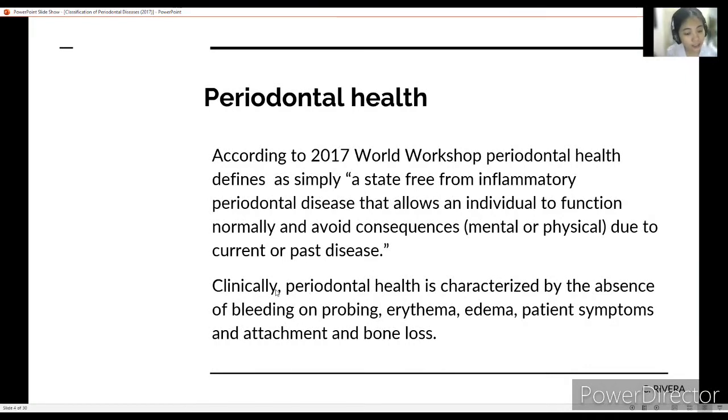Clinically, periodontal health is characterized by the absence of bleeding on probing, erythema, edema, patient symptoms, and attachment and bone loss. So that is periodontal health. It tackles being free from inflammatory periodontal disease.